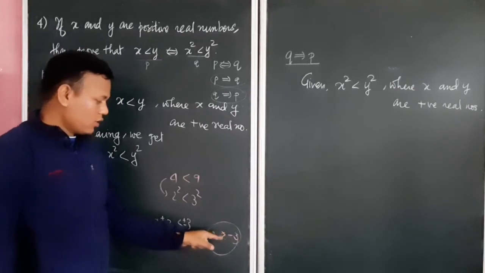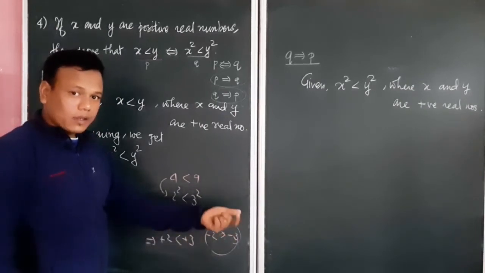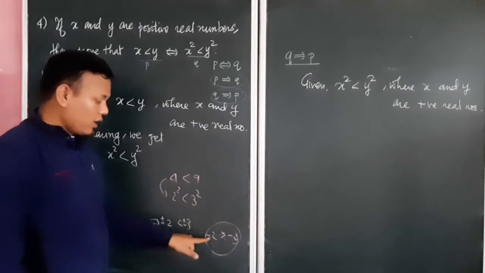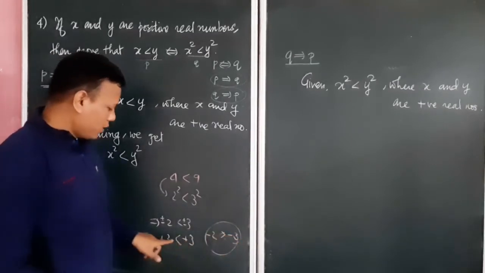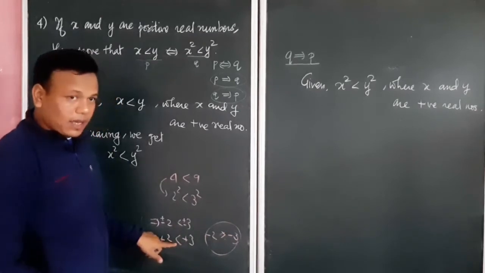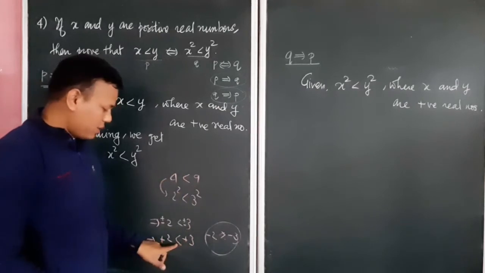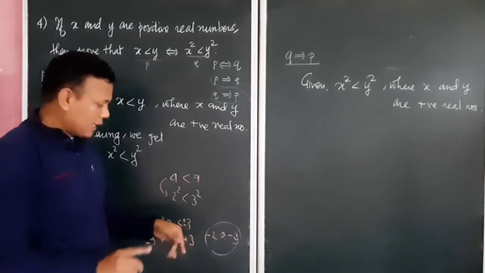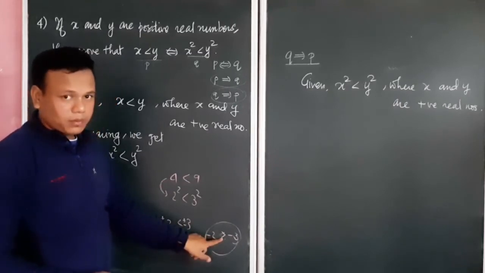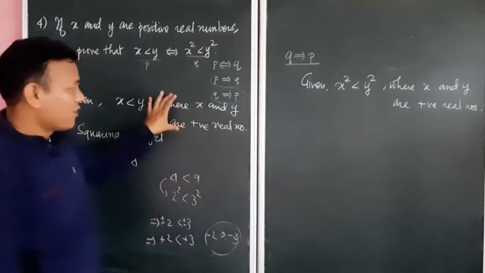You may write less than, but you may have greater than after taking square root if the numbers are negative. So in order to make it the same sign, I have to mention that x and y both are positive, then only I'll be able to write less than. Otherwise, if I don't mention it, then this may also come up. That's why I have mentioned it at every step.